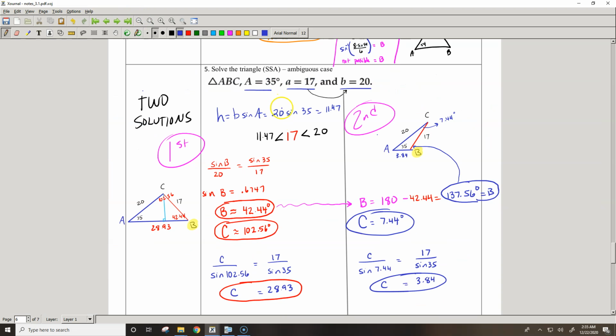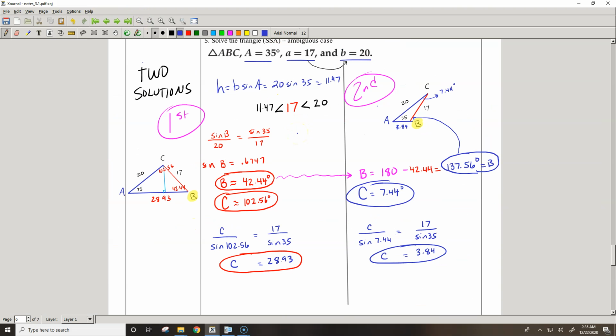Of course, these problems have two solutions, so it's going to take you longer to do. So these can be kind of a pain to solve. But we have two solutions here.